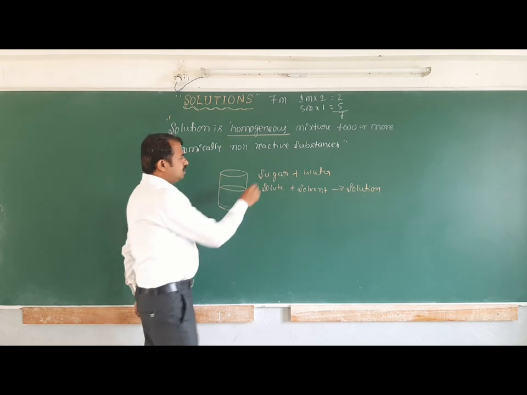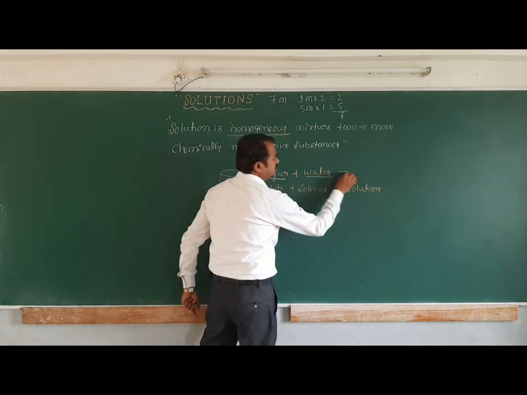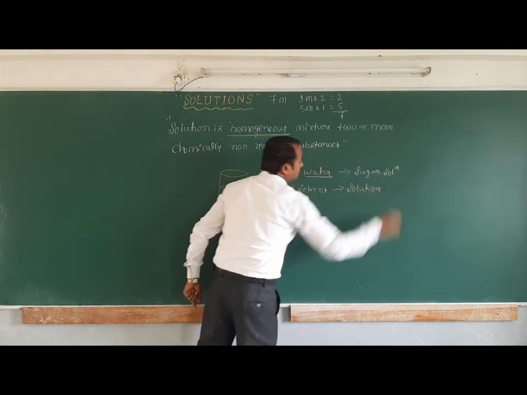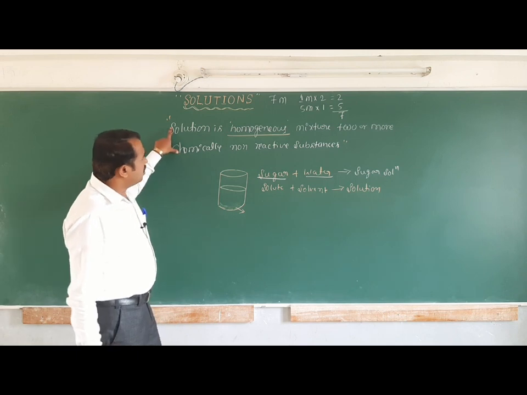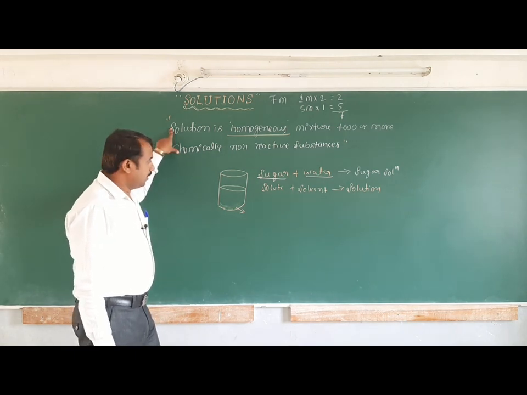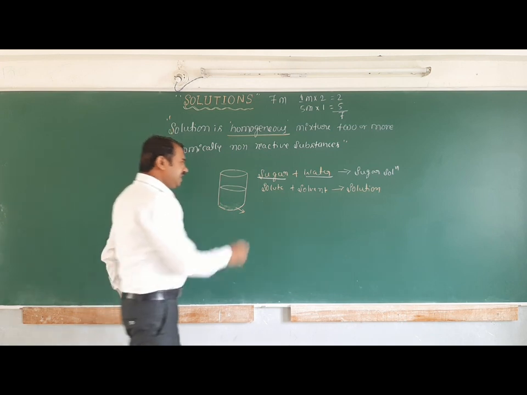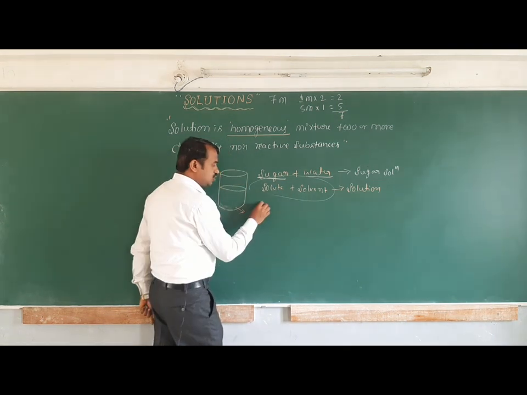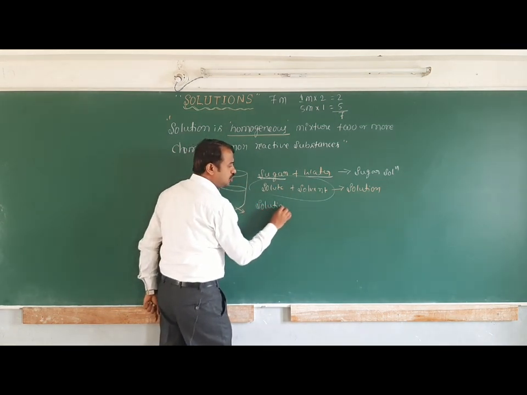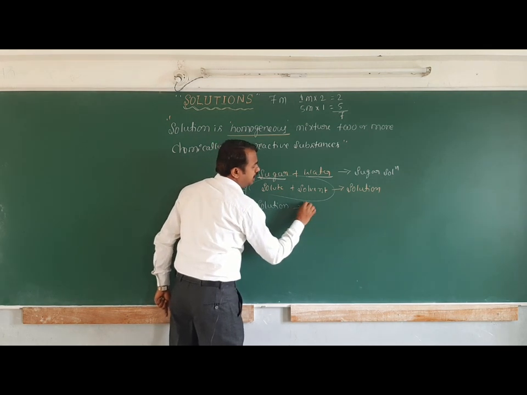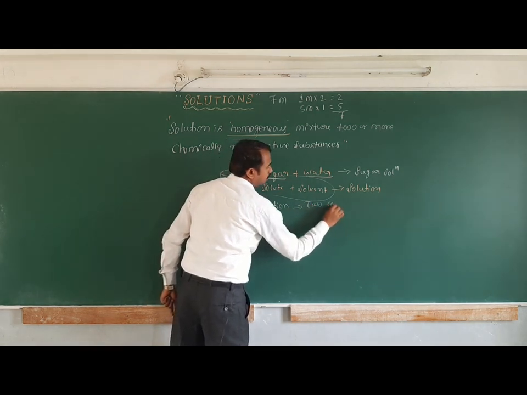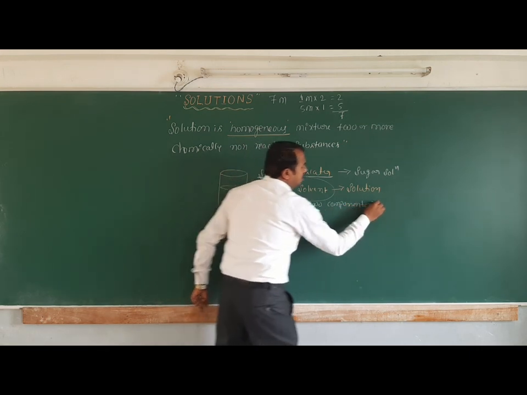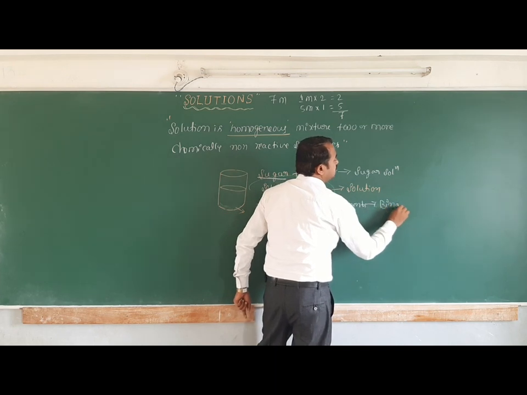Okay, here sugar is a solute, water is a solvent, forming a sugar solution. These are called solutions. But how many components does this solution contain? Two. The solution which contains two components is called a binary solution.